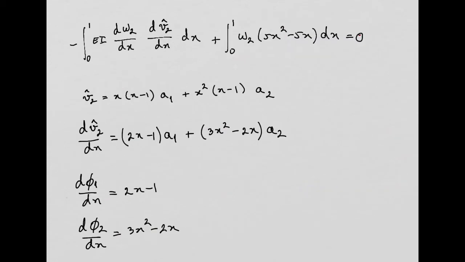All right, so next step now is to use Galerkin's method. So this is approximation function, which we defined in the last session. This is the first derivative of the approximation function because we need the first derivative here, right?